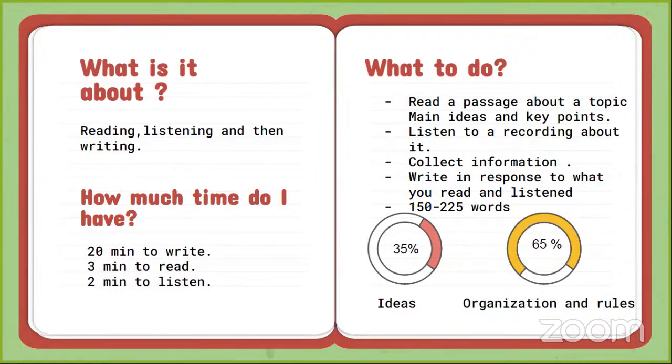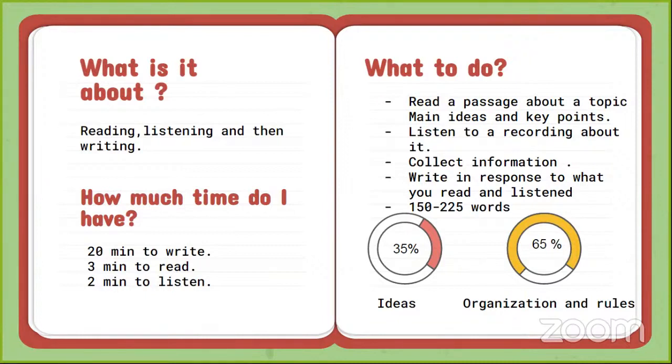What are the things you have to consider in the reading passage? Main ideas and key points. Now, when listening, you will have to collect related information. After that, a question will be asked to you, and based on that question, you will have to write your response.